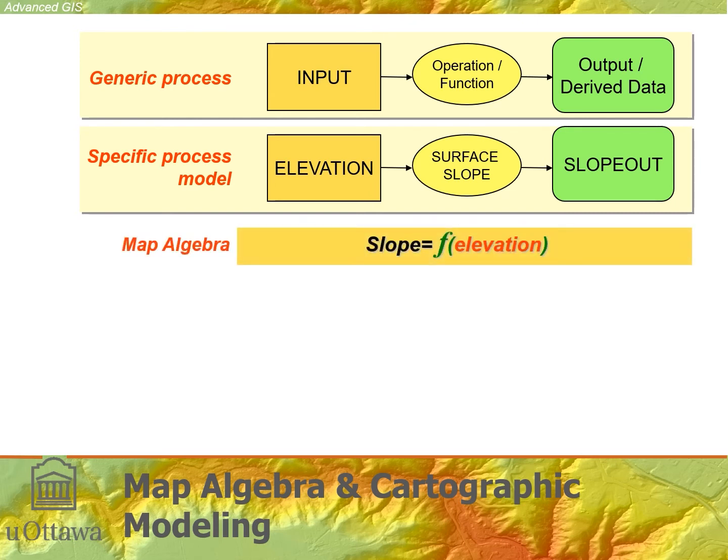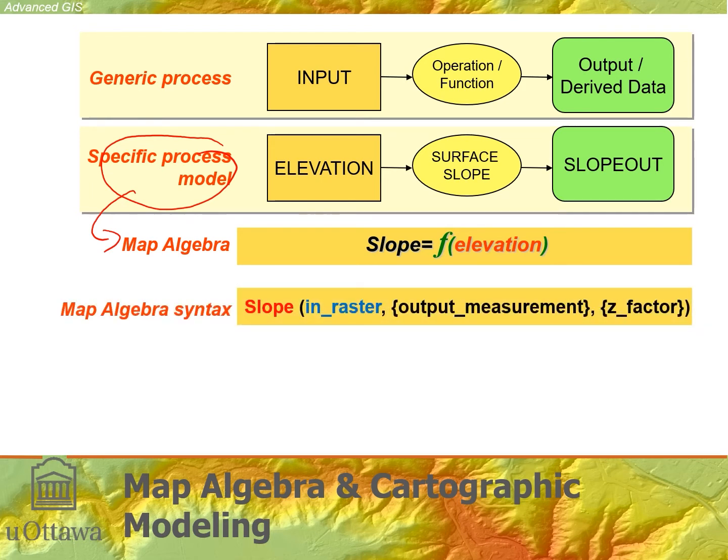In map algebra, the specific model process becomes slope is a function of elevation. And then we look for the syntax for map algebra. And this is in the help file for every geoprocessing tool. It tells you how to use it. For example, here, slope is a function. It takes an input raster. So that's that part of the equation right there.